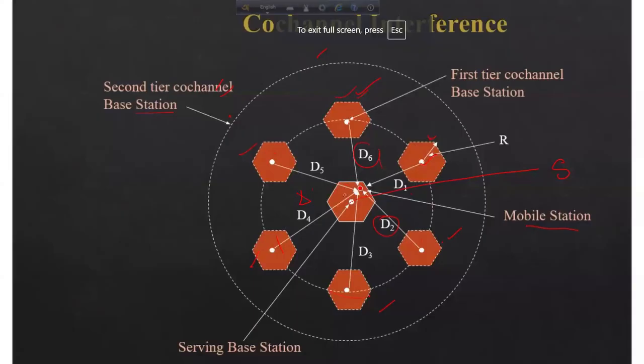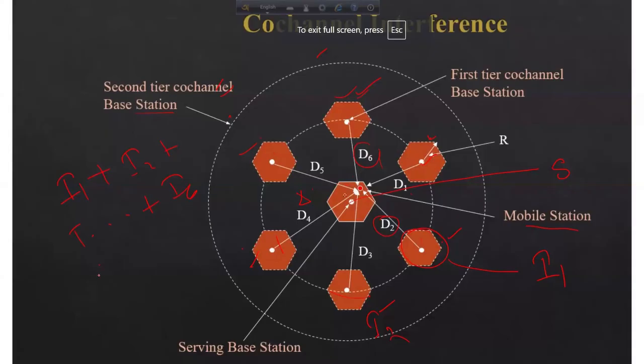Say for example, if this cell is creating interference I1, this cell is creating interference I2, I3, I4, I5, I6. So I have to consider all these: I1 plus I2 plus I3 plus I6. I have to take all these into account.